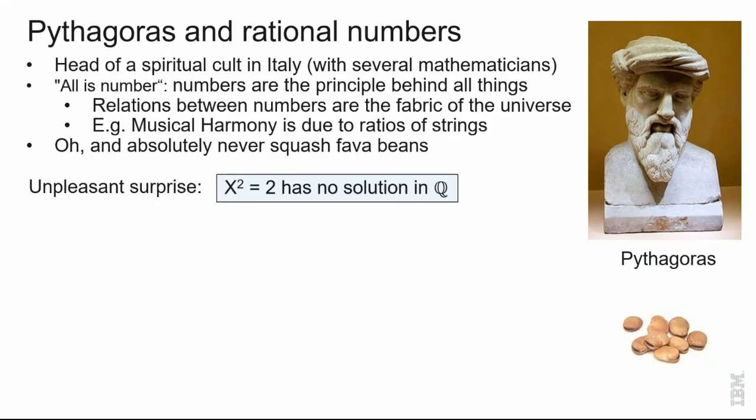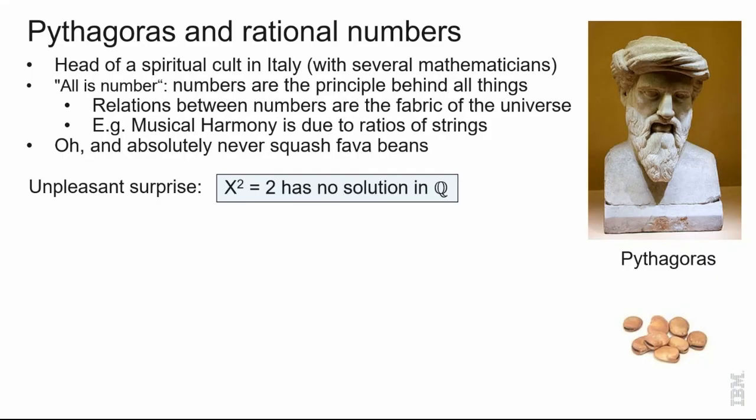So one of his disciples, Hippasus, discovered that the square root of 2 is not rational. So there is no fraction of integers, like 2/3, which if you square it, you get the value 2. And so Pythagoras would express the same property in geometry.